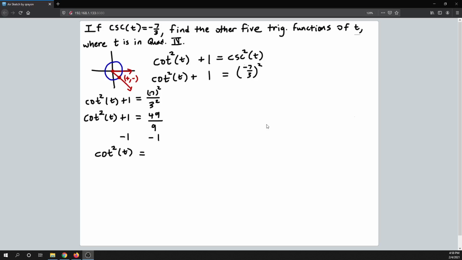And then when I do 49/9 minus 1, remember I'm going to have to write 1 as a ninths, right? In other words, I'm going to have to get a common denominator because I'm subtracting fractions. So I need to write 1 as some number over 9, and that number's got to be 9, right? Because 9 divided by 9 is 1.